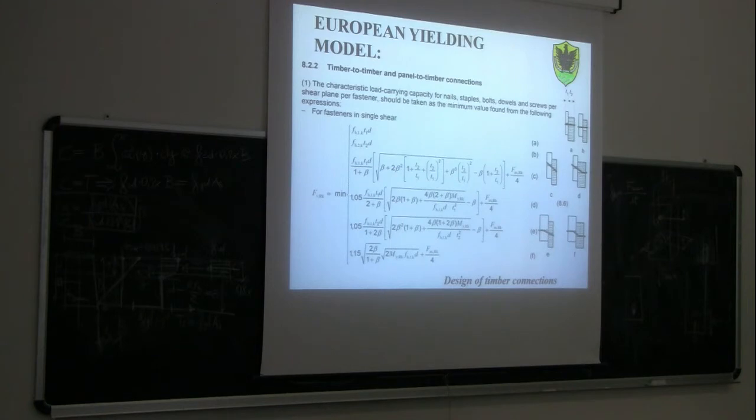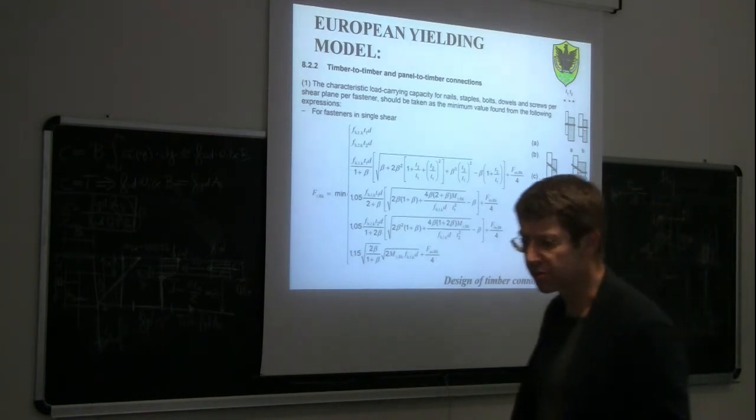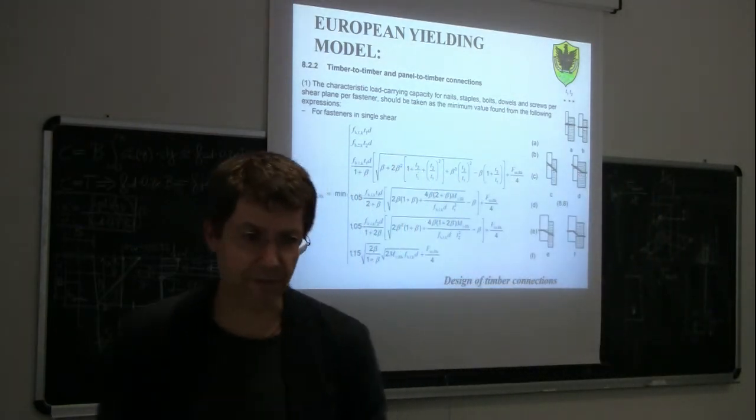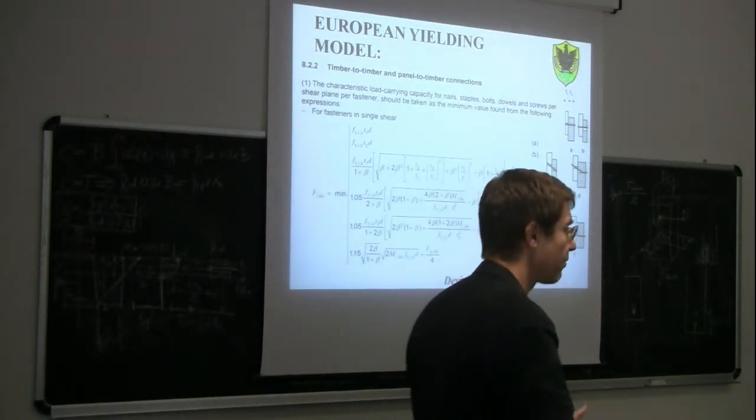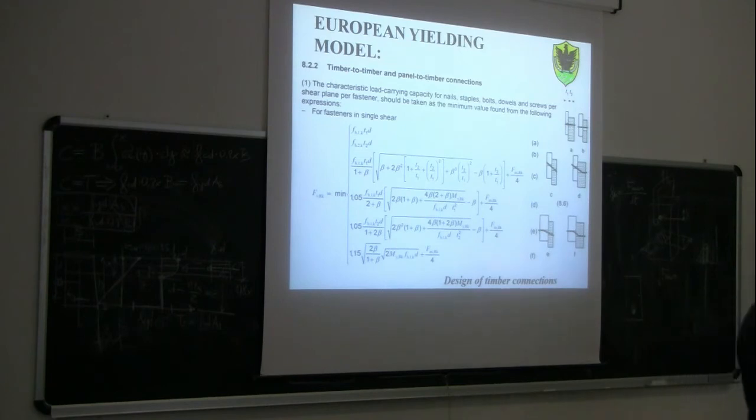So in seismic area, the dissipative connection will be the one where we have at least the formation of 1 plastic hinge in the steel dowel. So in seismic regions, we want to have plasticization in order to have a significant amount of energy dissipation. If we have only timber crushing, we don't get a lot of energy dissipation, okay?